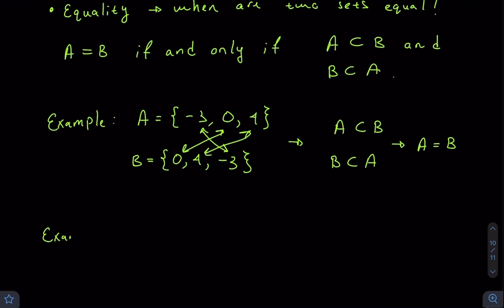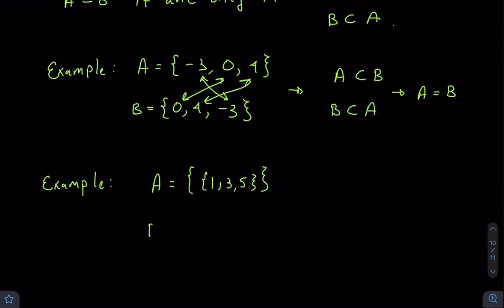So another example we should look at is when we have a set A that contains an object that's another set. So let's say it contains a set that contains these objects, and then set B contains these objects.